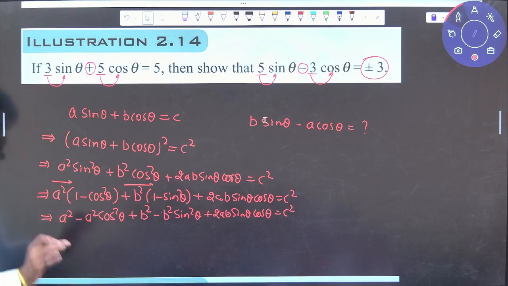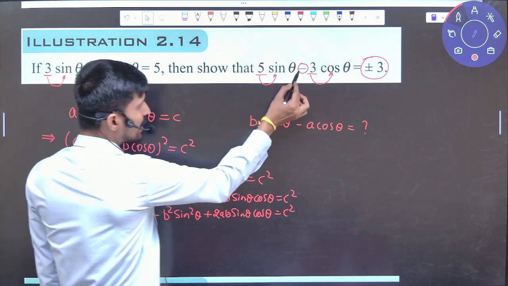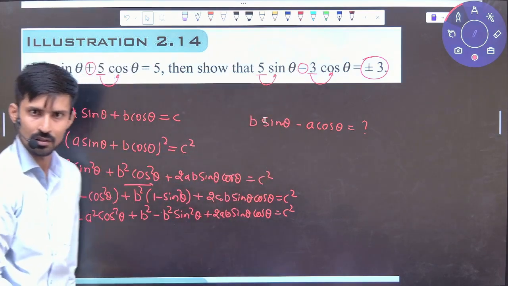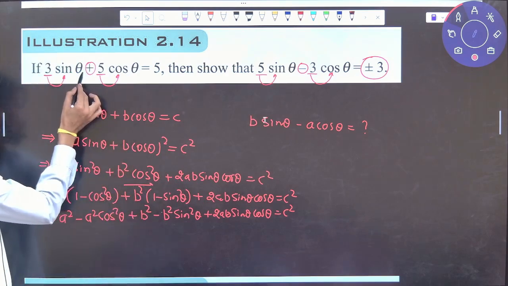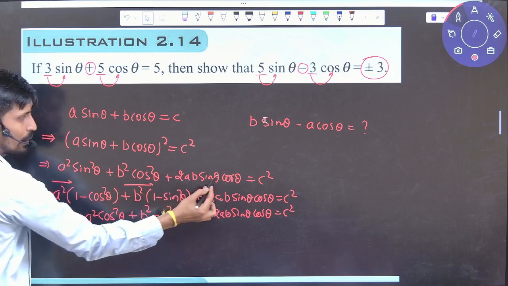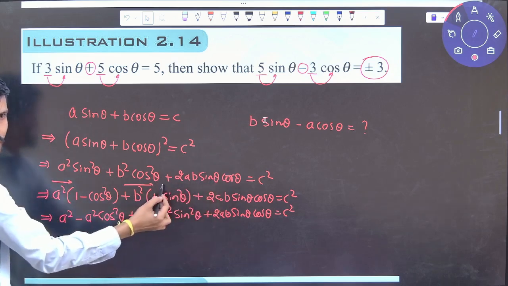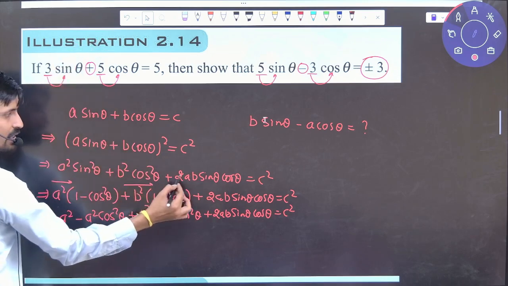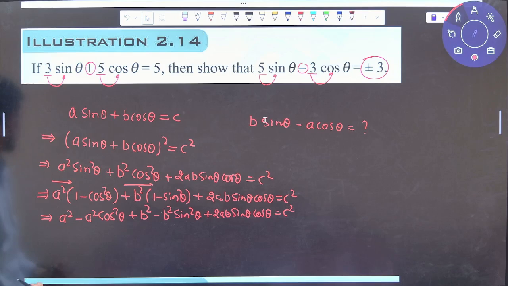Okay, now, do you remember here a minus sign is present? So here a plus sign is present, so when I squared, plus 2ab sin theta cos theta came or not? If a minus sign is present and I square, what will come? Minus 2ab sin theta cos theta.